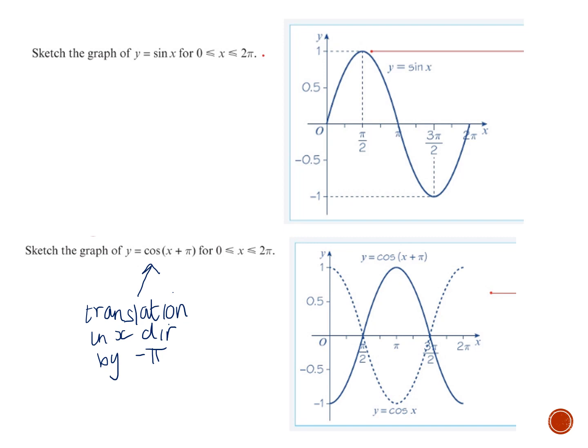If you're not sure, just try a few values in your calculator and that will help you. You should see at pi that gives us our maximum value. And at 0, that's going to be cos of pi, which is -1, and it does that up and down shape like that. So do make sure you've got that sketched down and you're happy with that.